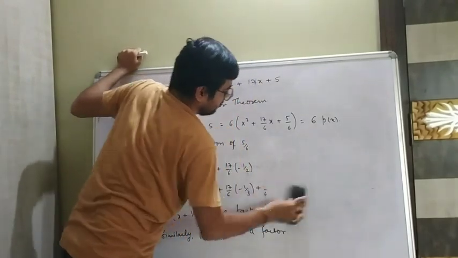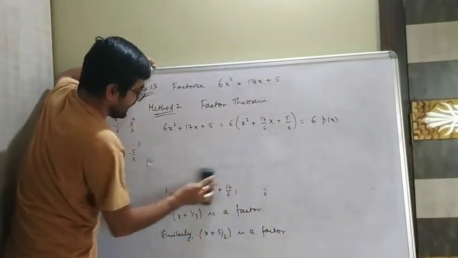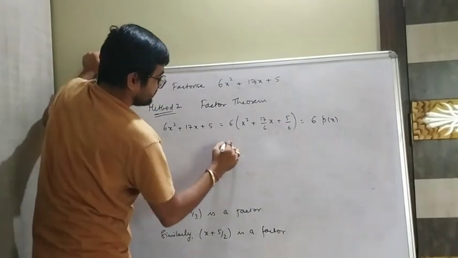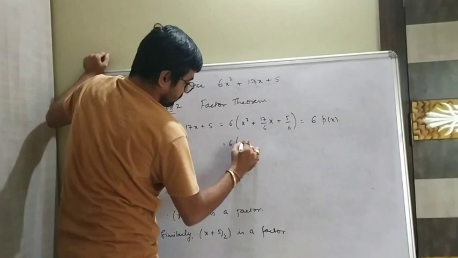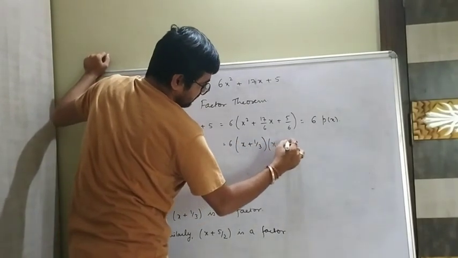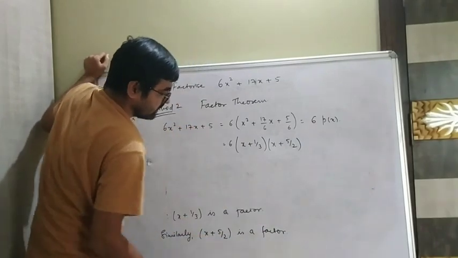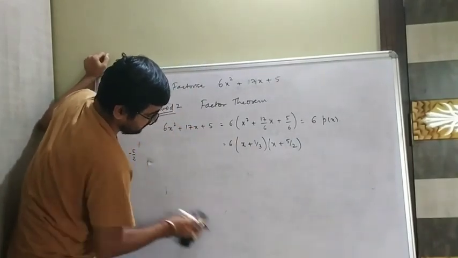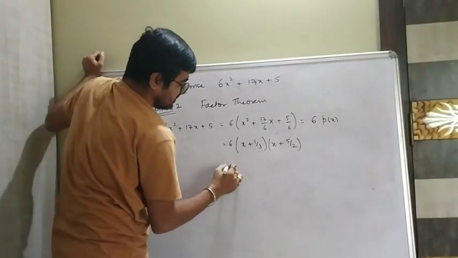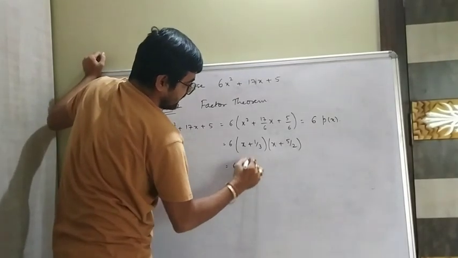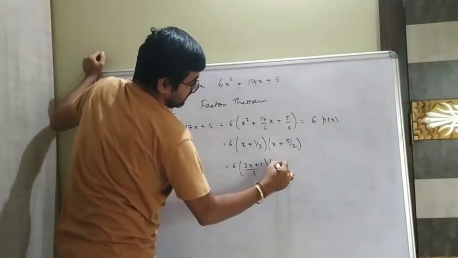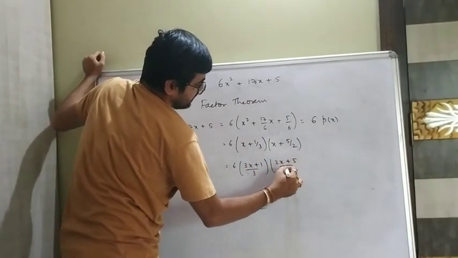Okay, so what I am going to do is write both the factors over here something like this. 6 into x plus 1 by 3 into x plus 5 by 2. Simple. I wrote both the factors this way. Now simplify this. 6 times 3x plus 1 by 3, here 2x plus 5 by 2.